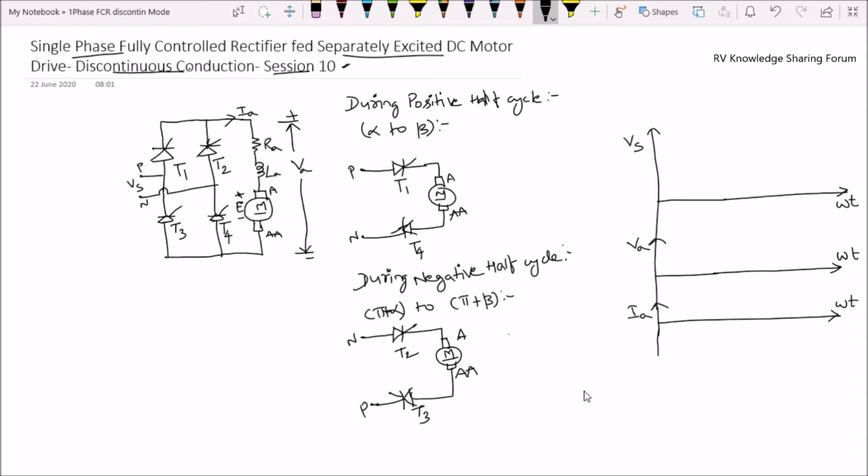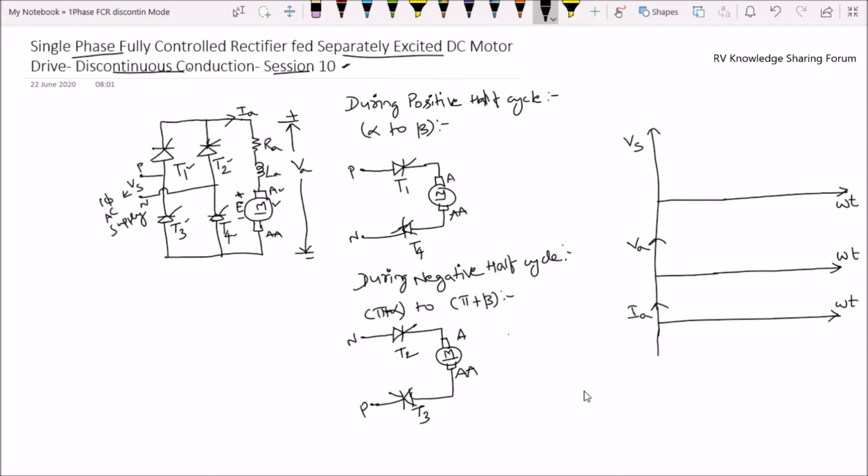So this is our circuit diagram, which consists of 4 thyristors T1, T2, T3 and T4 along with this single phase AC supply VS. This single phase AC supply VS with the 4 thyristors forms the single phase fully controlled rectifier, and the power from this rectifier is fed to the DC motor.